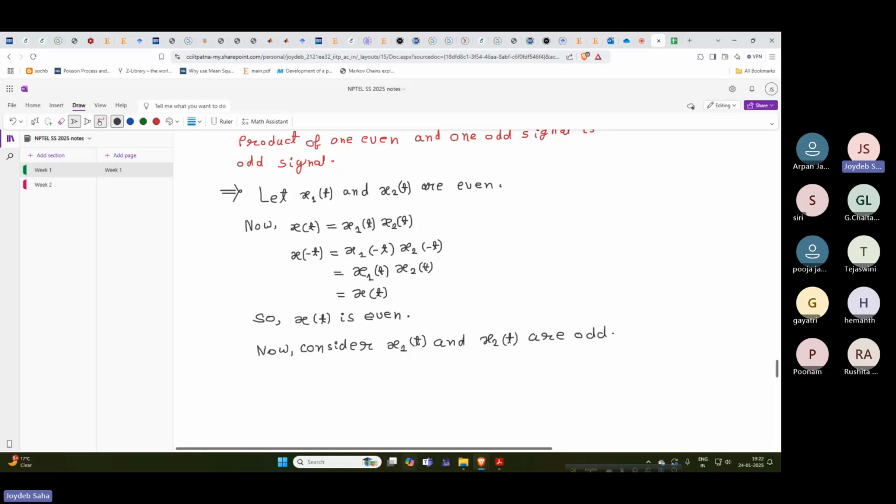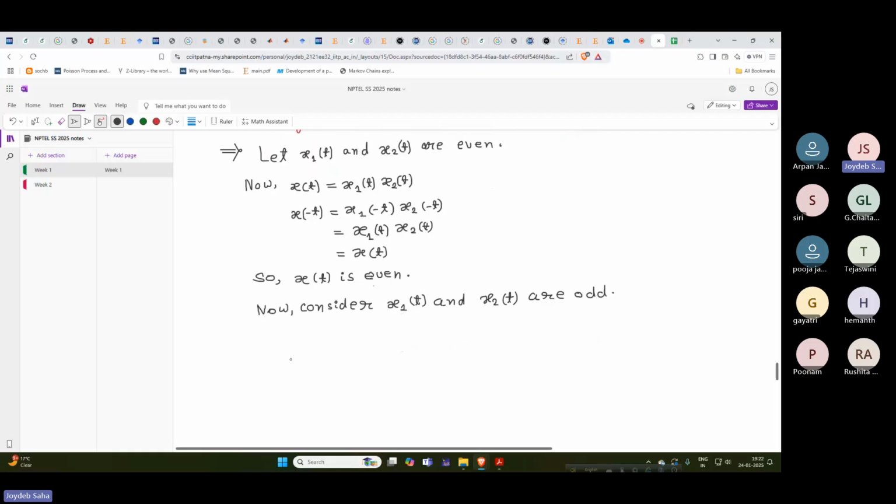Now consider x1(t) and x2(t) are odd. What it means is x1(-t) is equal to -x1(t), and x2(-t) is equal to -x2(t).